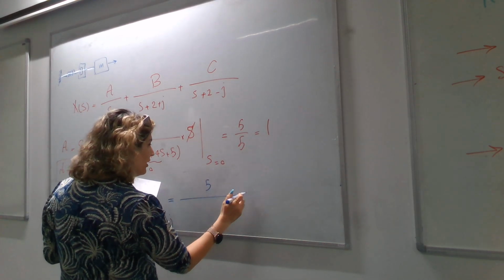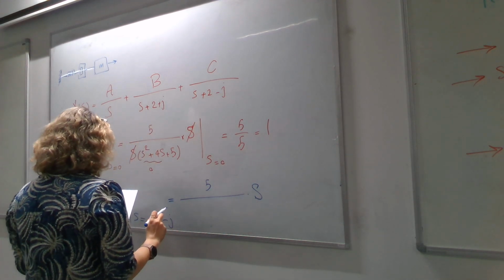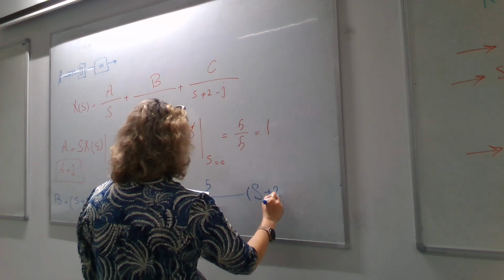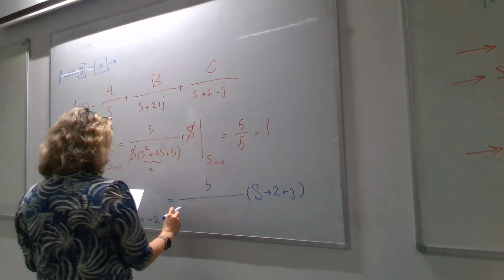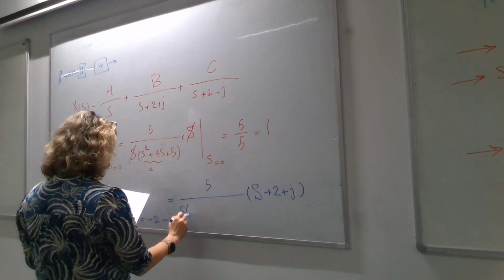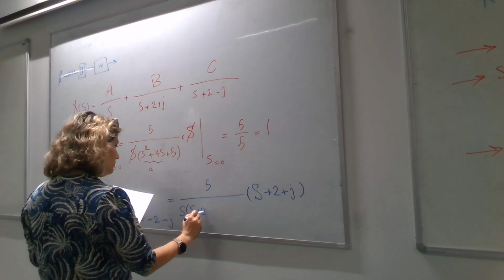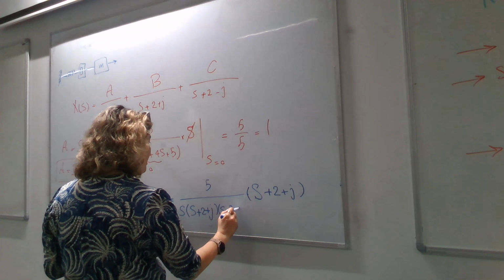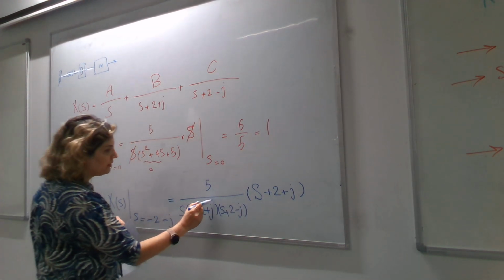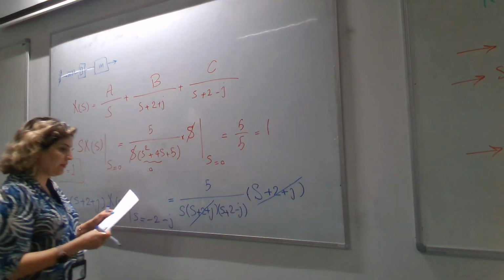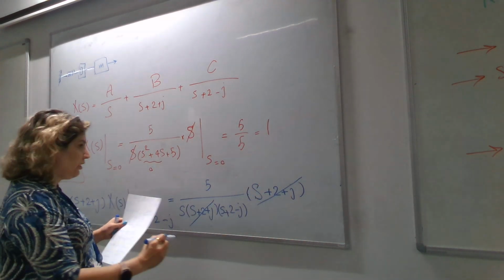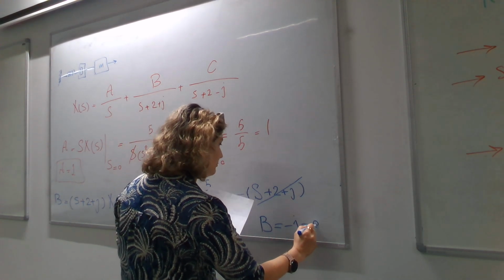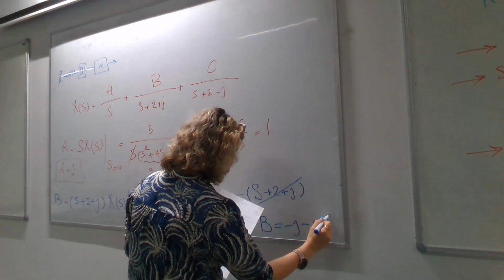I'm going to have 5 in s plus 2 plus j, and then I have s plus 2 plus j, s plus 2 minus j, and then this guy here cancels out with this one, and then our B is going to look like minus j minus 0.5.